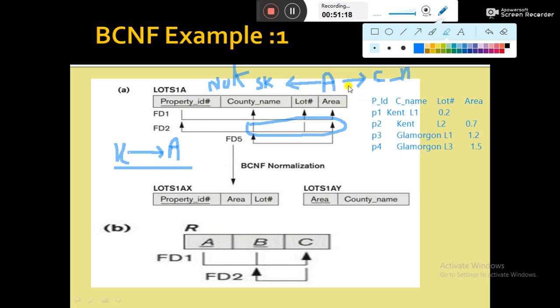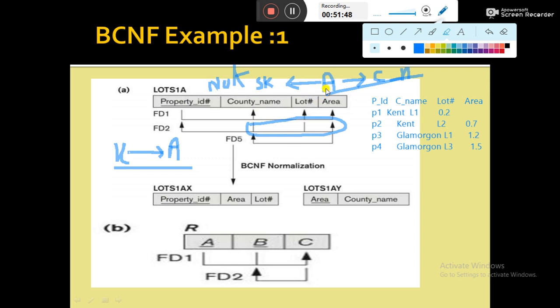But check whether that particular FD satisfies 3NF or not. X is not a super key, this is also true for this functional dependency. But if county name is a prime attribute, then it is in 3NF. Now county name, yes, is a prime attribute because county name is part of the composite primary key. So for X arrow A, it is in 3NF if either X is a super key or A is a prime attribute.